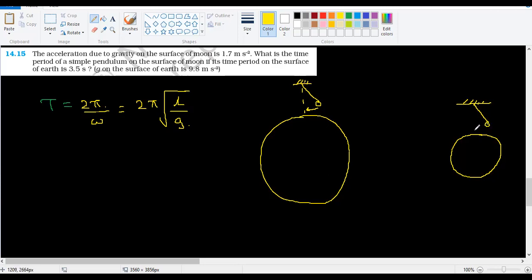So my guess is it will be 6 times slower. 6 times, or sorry, root of 6, so it will be 2.17 times. Something like twice. If this was coming down in 4 seconds, this will come down in 8 seconds. So it will be like a slow motion.